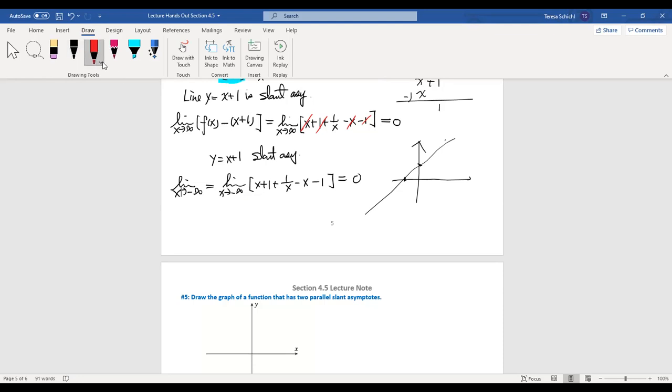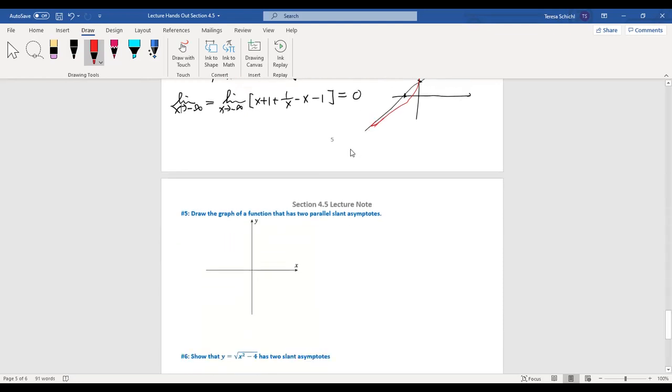I did not graph it, but it could be like this and go like this. So when x approaches positive infinity, the graph will be closer to here, and as x approaches negative infinity it will approach to here. That is what we call the slant asymptote.